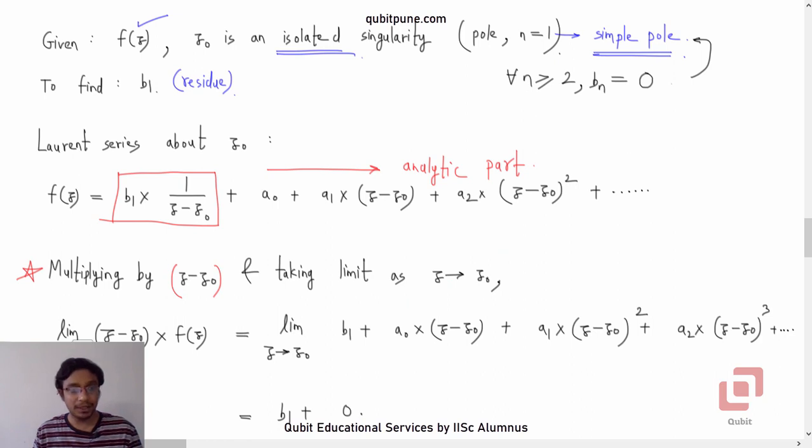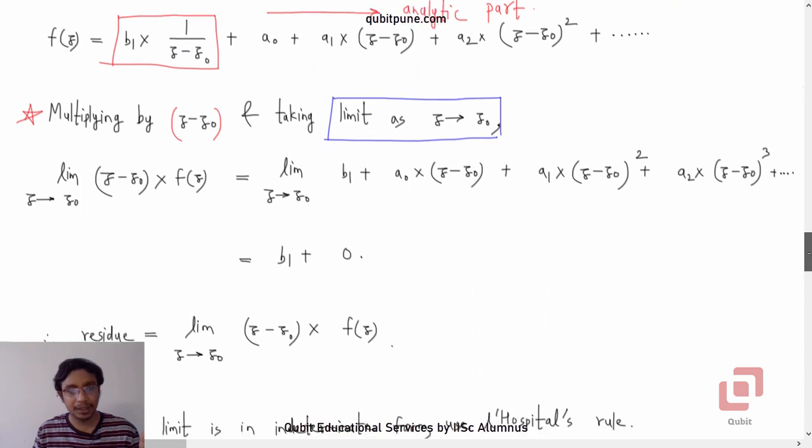Okay, and more importantly we take the limit as z tends to z0. Now if we take the limit, this is what is going to happen. Limit as z tends to z0 of (z minus z0) into f(z) will be equal to limit as z tends to z0 of the entire Laurent series multiplied by (z minus z0).